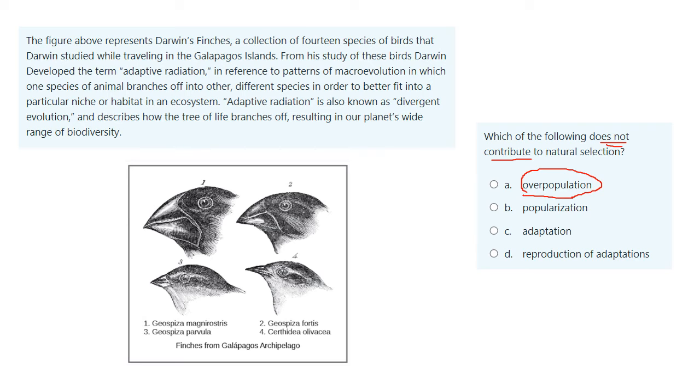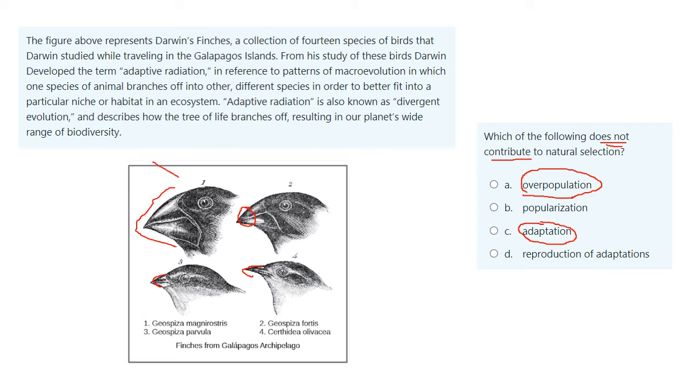So the population is too big. There must be adaptation. Adaptation means that not all the organisms will be the same. So we can see here the big strong beak, the small beak, the narrow beak, and the middle-sized beak.